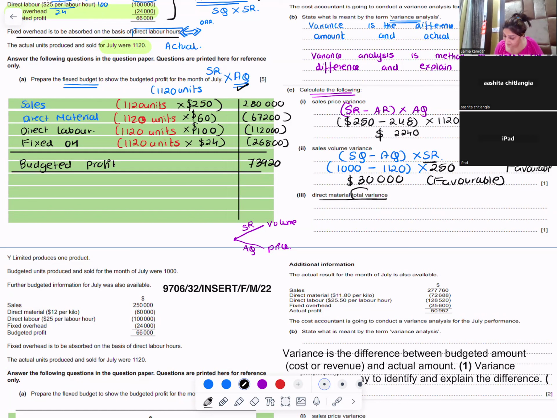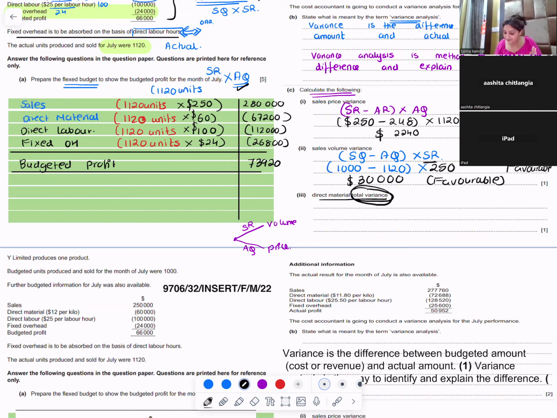When we talk about direct material total variance, when we talk about the total variance, you can directly take your total amount. You have to compare your flexed with actual.